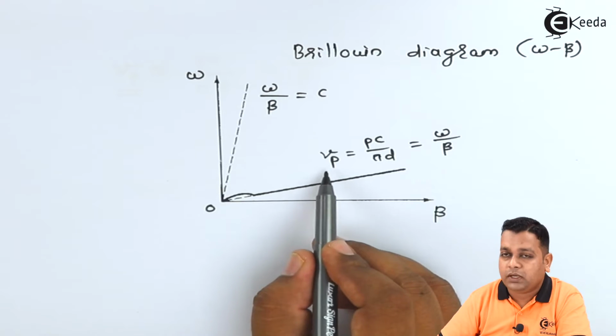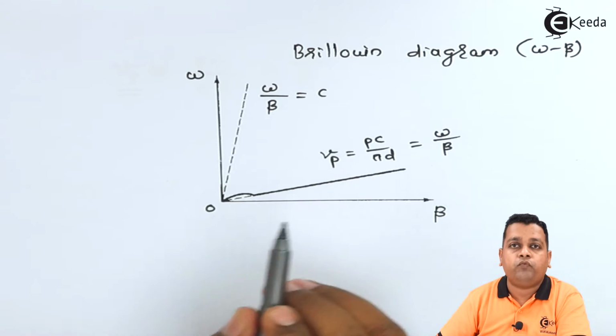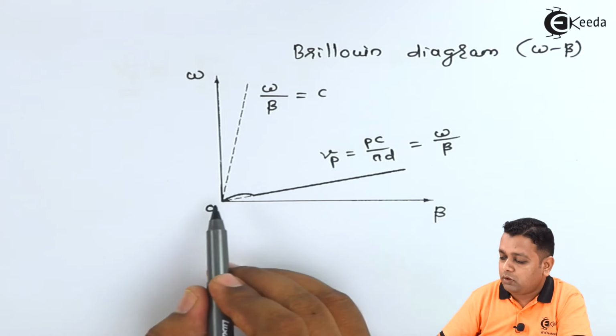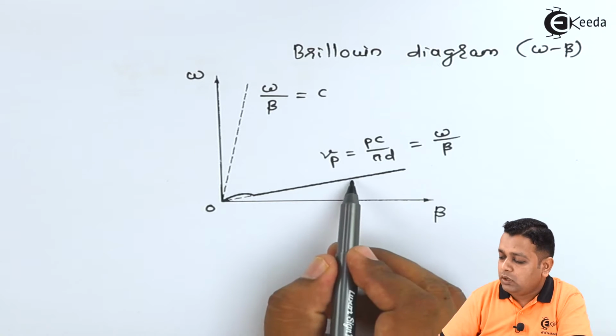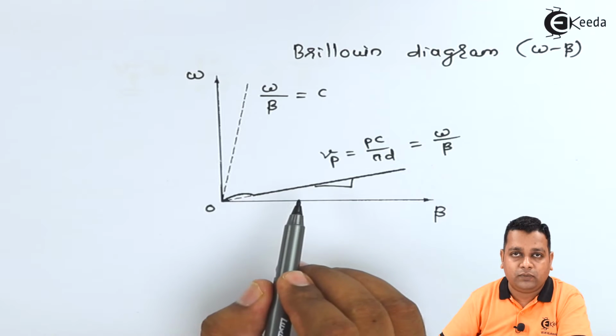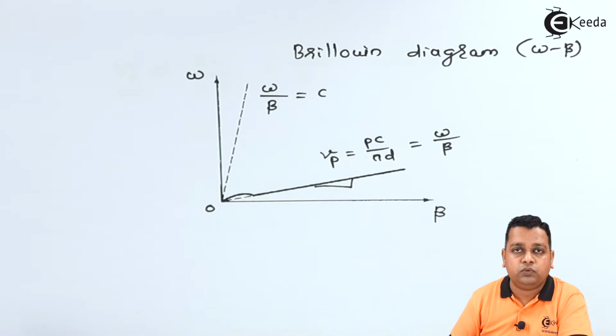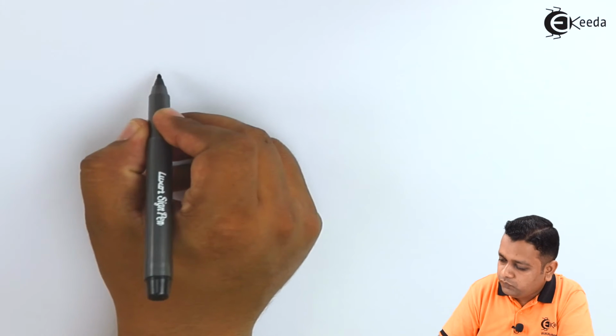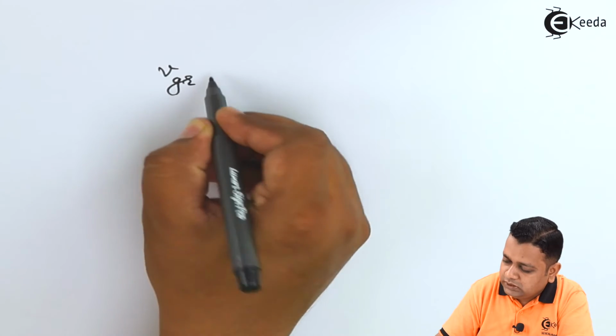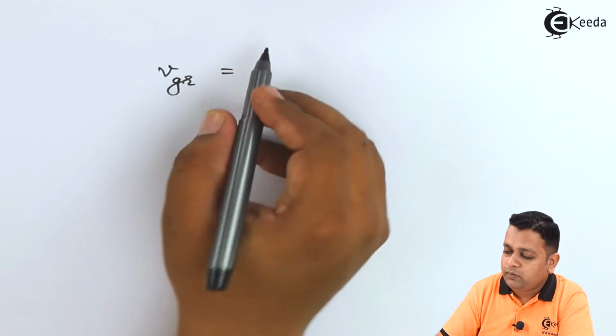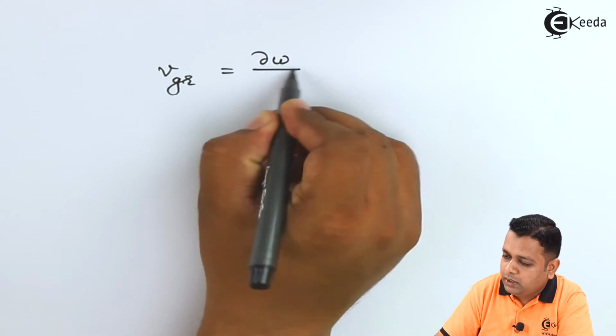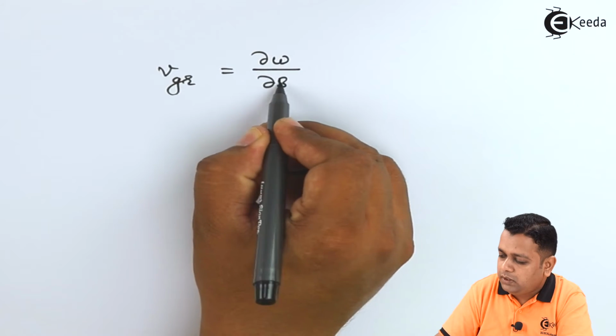Now as we know the phase velocity, the group velocity can also be determined from this diagram. A mere slope is to be taken here. So here we have a new equation. For representation of the group velocity, we denote V suffix gr, computed by del omega by del beta.